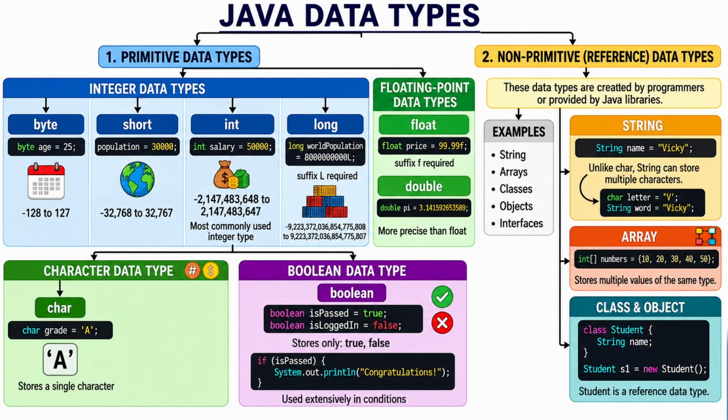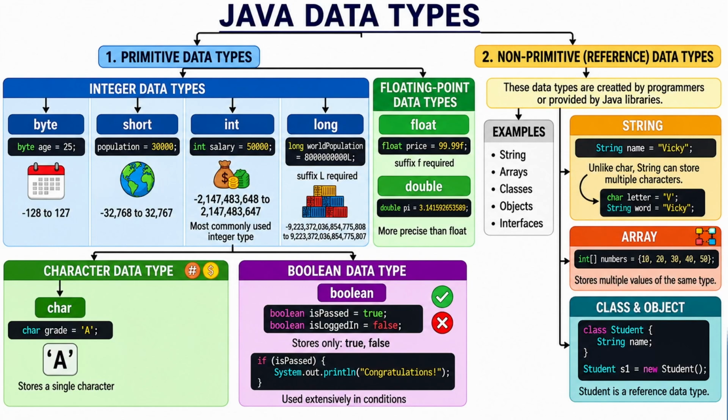Floating point data types are used to store decimal numbers. Float occupies 4 bytes and requires the F suffix.